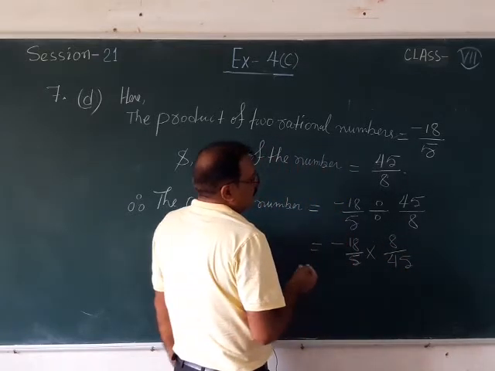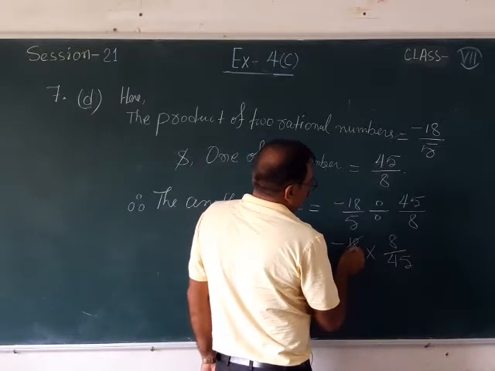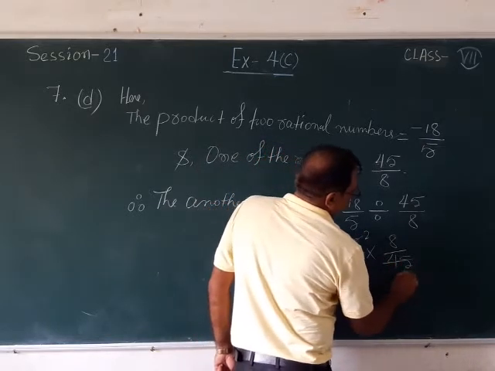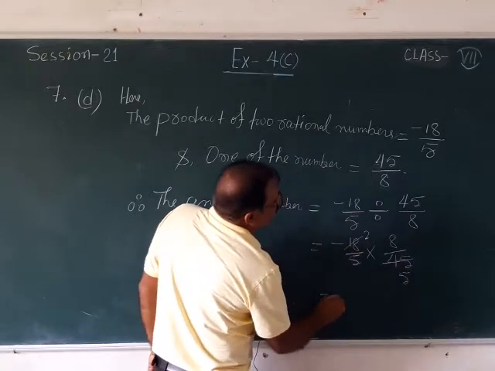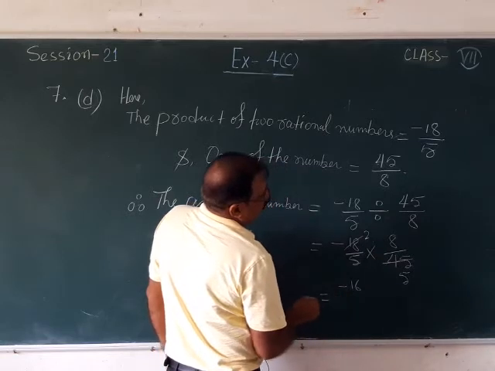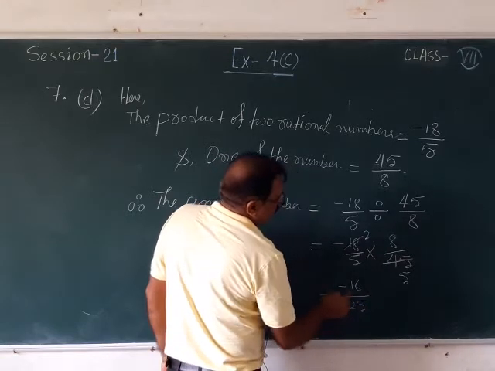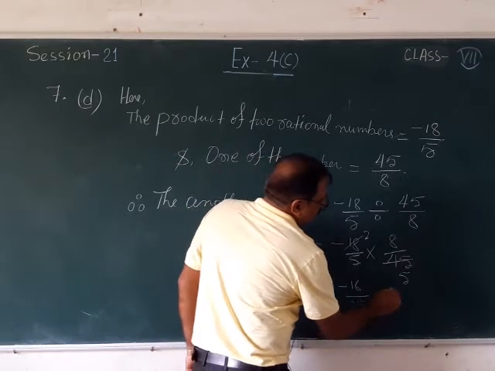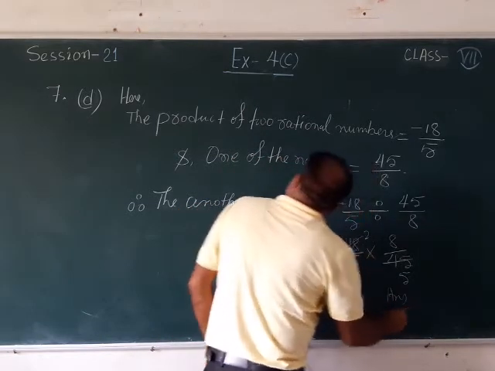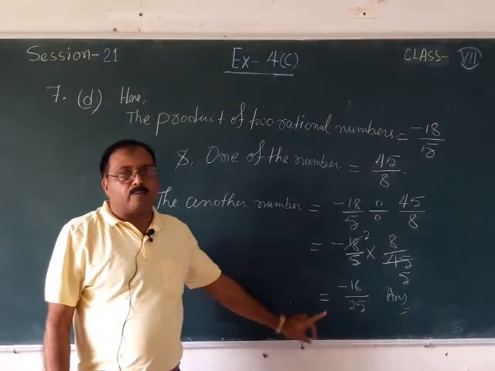Now if you can cancel the numbers, you cancel it. 3 can cancel: 3 sixes are 18 and 3 fifteens are 45. So further it will be 8 twos are 16, that is minus 16, and 5 fives are 25. So minus 16 upon 25 is the answer. That means the other number will be minus 16 upon 25.